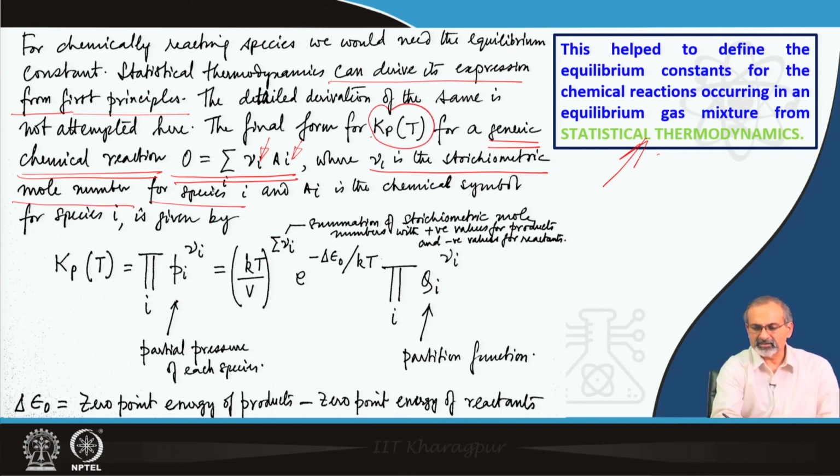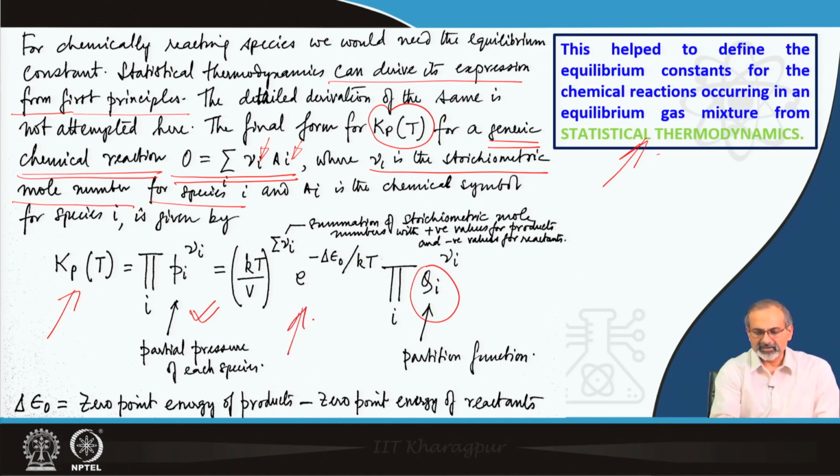Then based on this chemical reaction form, we can show that the equilibrium constant can be expressed in a form where the partition function plays a big role, and by definition it is a product of the partial pressures raised to the stoichiometric mole numbers of the different species.